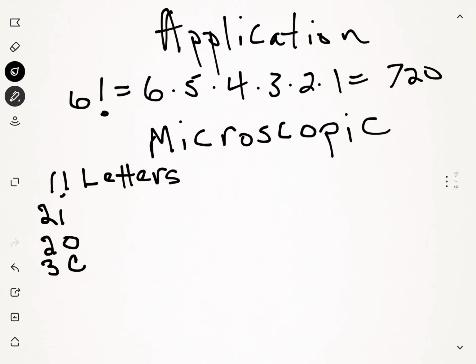Now, the way the strategy is, we want to design the problem like this. Start first with the total number of letters possible, and that is 11.